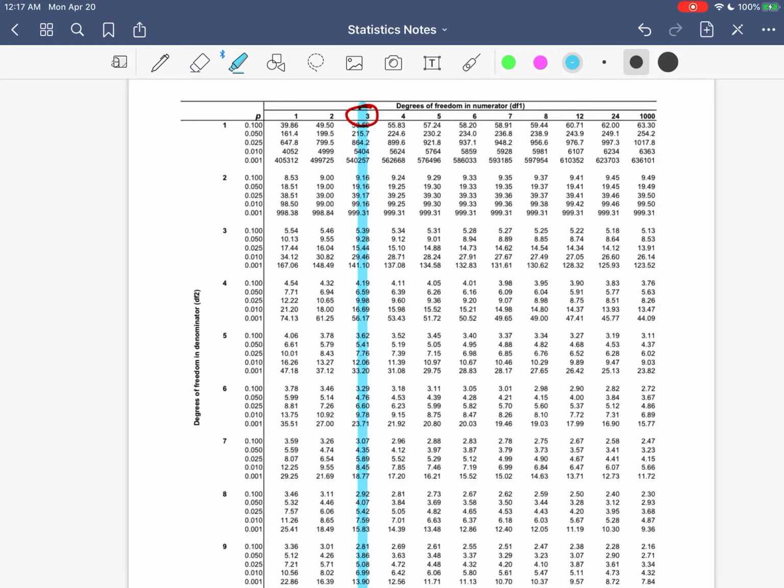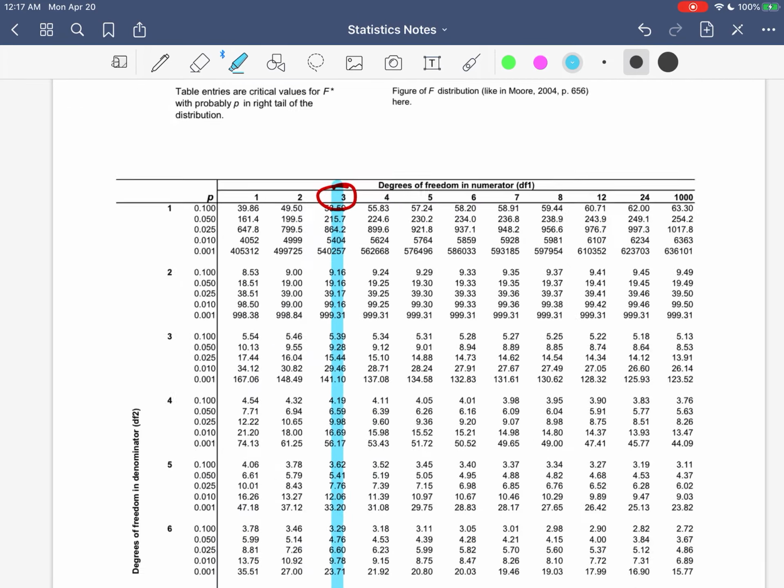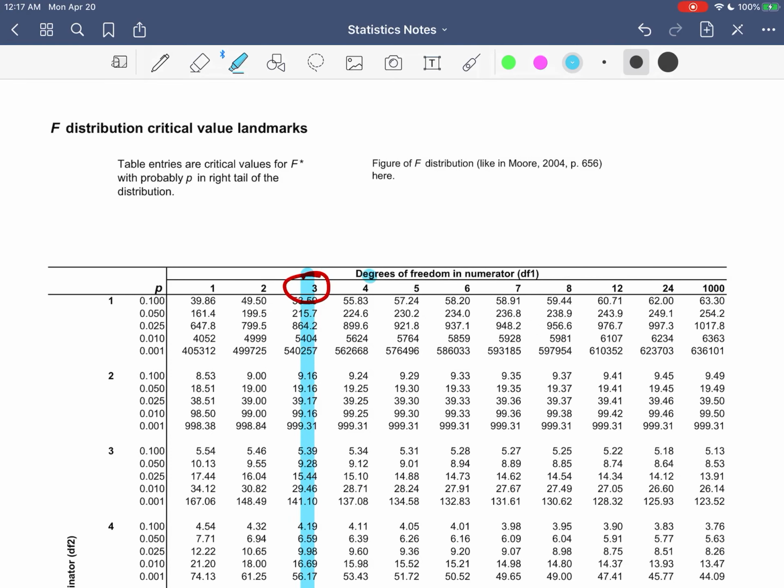And we're going down. So you can see here, degrees of freedom in the numerator. So for us, D1 was 3, D2 was 4.